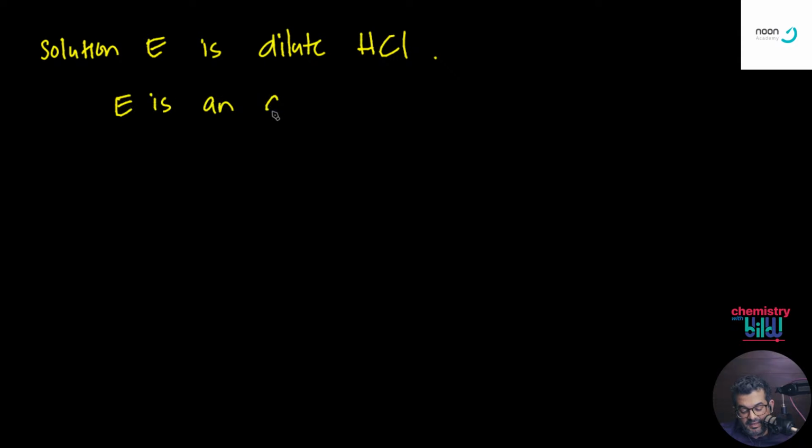For example, if I tell you that solution E is dilute HCl, then what you can say is E is an acid. Therefore, E is acidic in nature. Acidic is its attitude, its property.